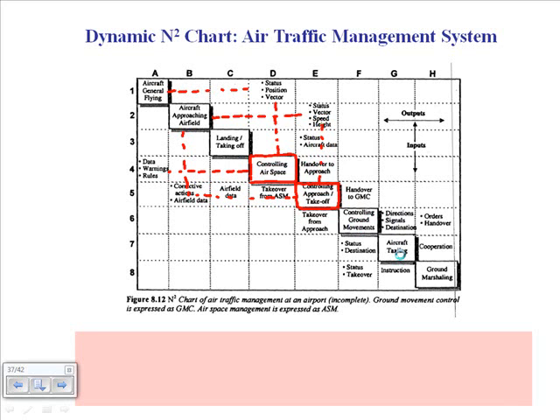Finally, when the aircraft lands and gets to the gate, there is another system, which is the ground marshalling, which directs the aircraft as to which gate it should go and where it should park. The aircraft taxiing provides cooperation. So the ground marshalling gives instructions to the aircraft where to go and what to do.